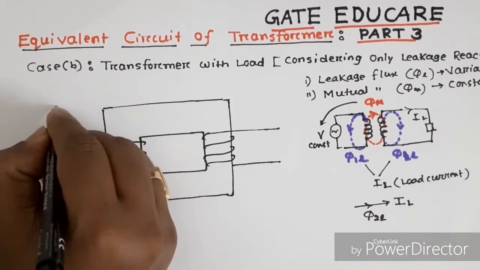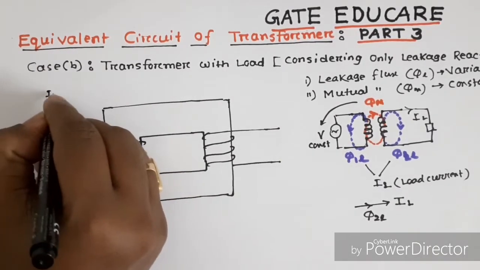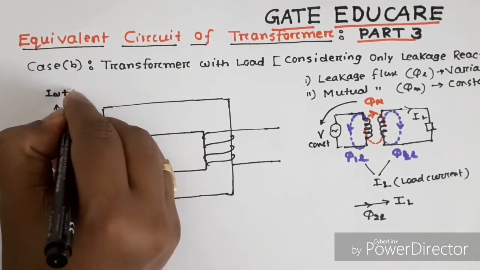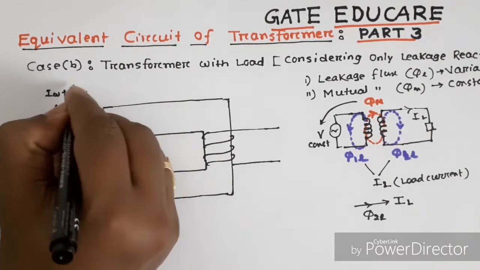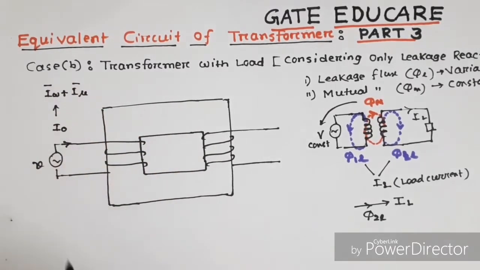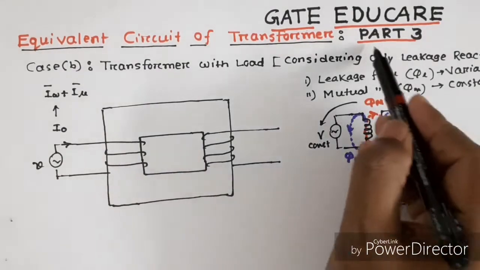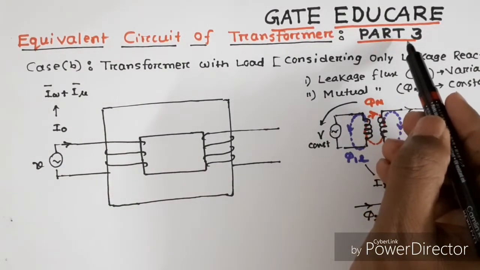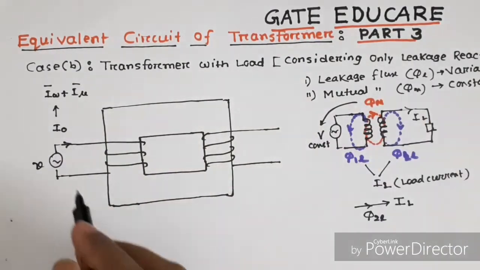I0 has two components, I W, the working component, plus the magnetizing component I of mu, which has been explained in the part 1 video. Okay, please go through that video.